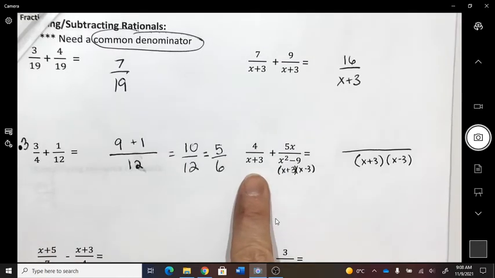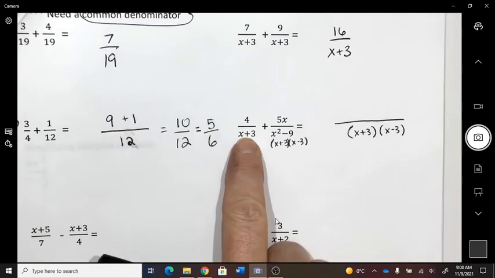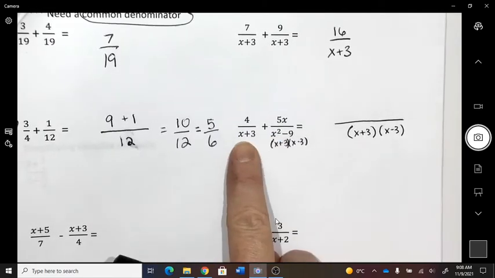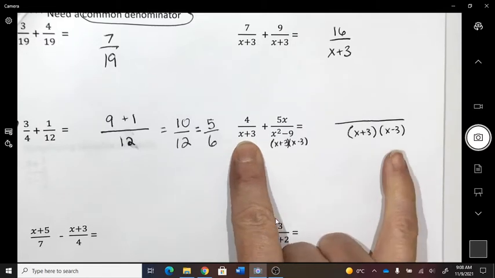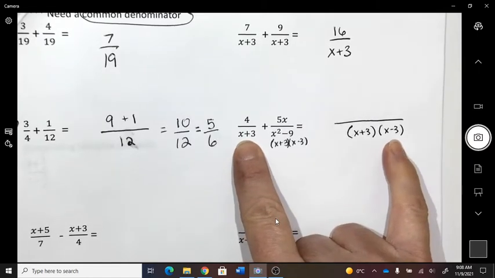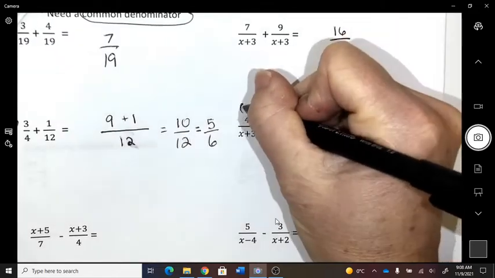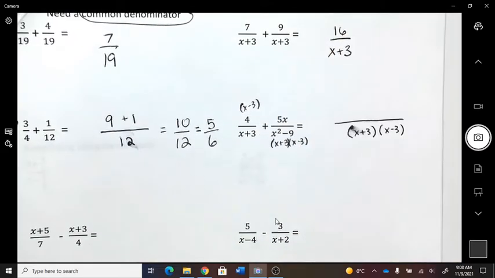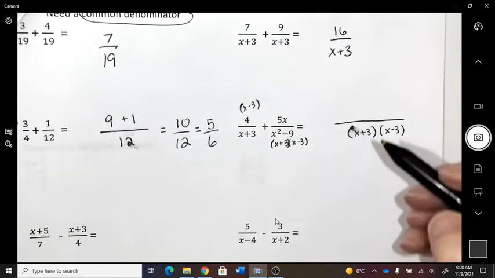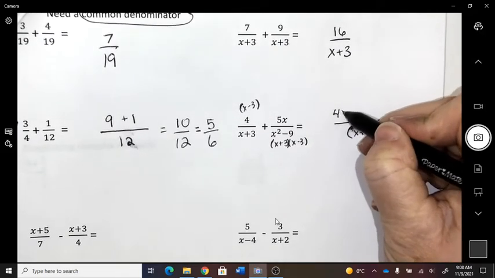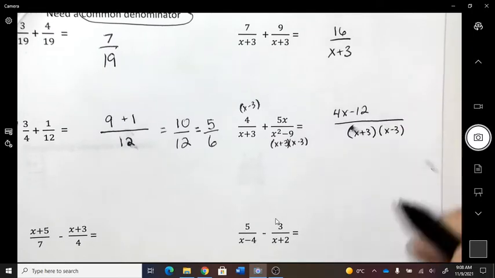Okay, ready? What did I do to this bottom? From this to this, what did I do to the bottom? I timesed it by an x minus 3. So I'm going to have to do that as well to the top. So it's going to turn into 4x minus 12.